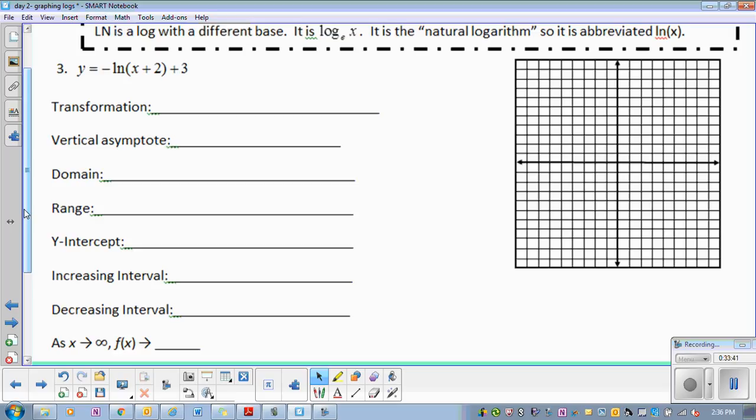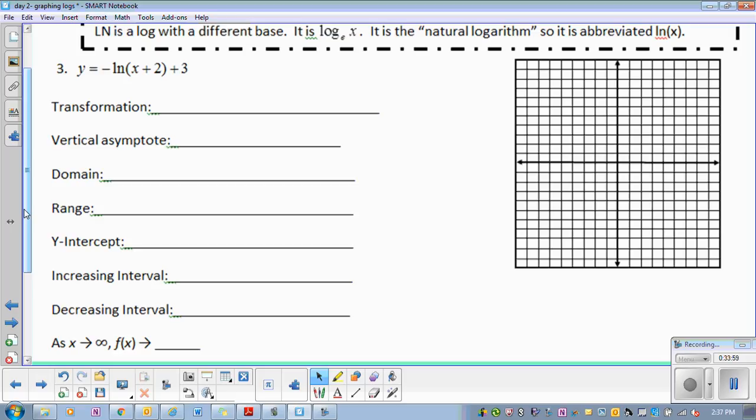If you have just regular log spelled out with no small number base, the base is 10, okay? But if you take a log and you put an e as your base, it turns into something called natural log. So it turns into ln, all right?